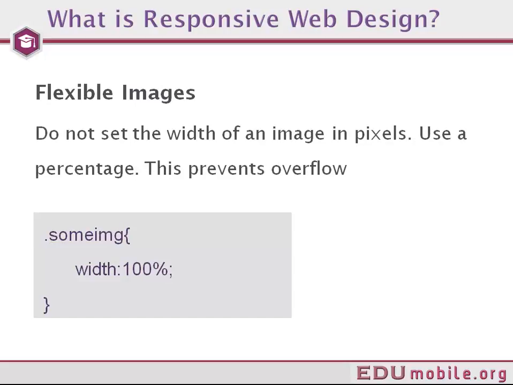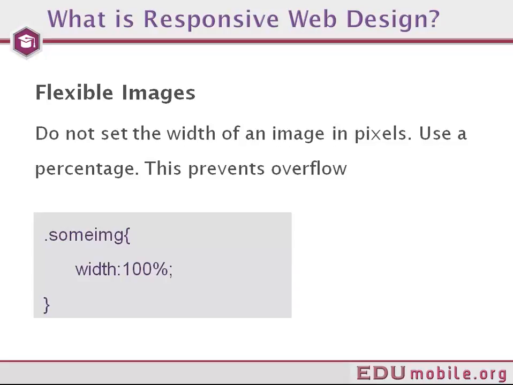Alright, so flexible images. To achieve flexible images, you want to give that a percentage as well. You want to give the image element a width of a percentage. A lot of times in responsive web design, this is 100% because we want the image to take up the whole container.